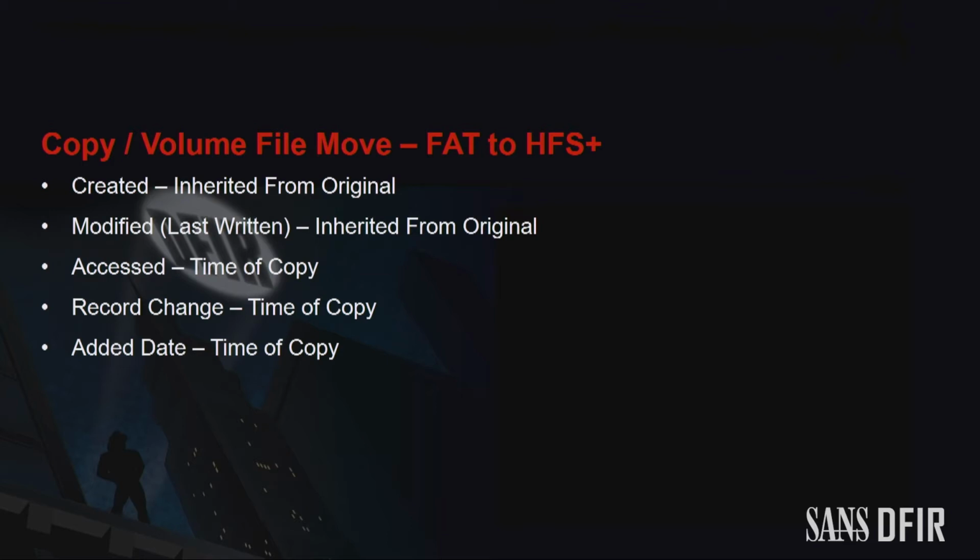Now, there is a bit of an issue here: if you've got a file, picture.jpg, and you copy that from your Mac onto a USB formatted as FAT, and then you take that drive, plug it in somewhere else, and you access that file, that access time gets updated, which means you no longer know when that file was put on that drive, because that access date was the only thing telling you when that file was copied. Well, there's some good news.